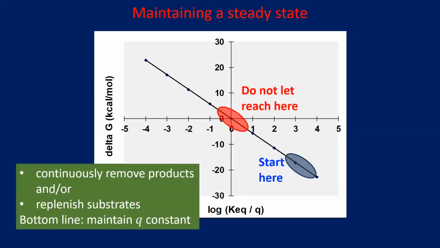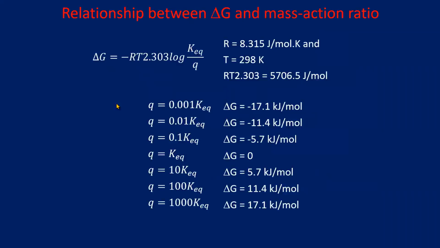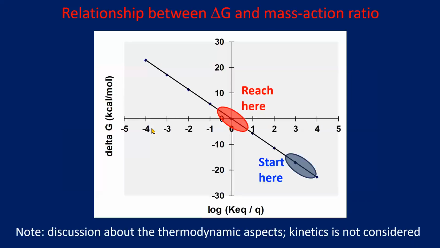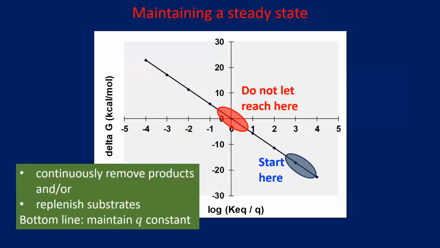So the main point here, if you look at this reaction rate, is that to have the net free energy less than 0, I have to maintain the value of Q, and to maintain the value of Q, there would be continuous removal of product, or it has to replenish the substrate.